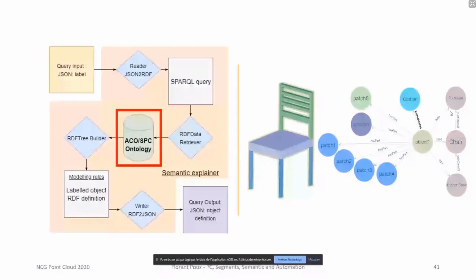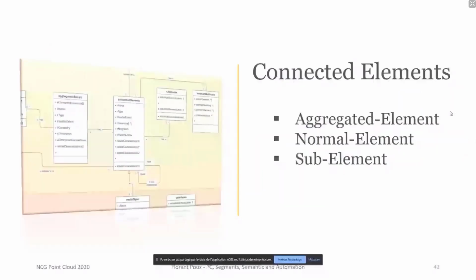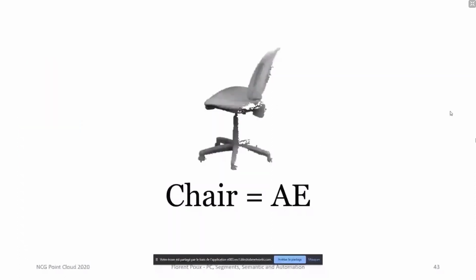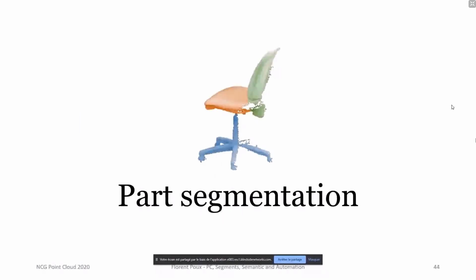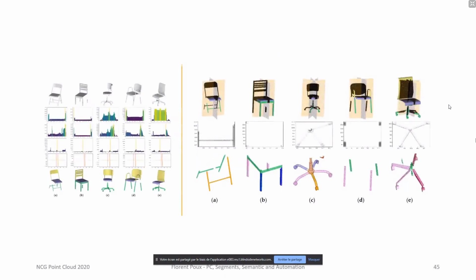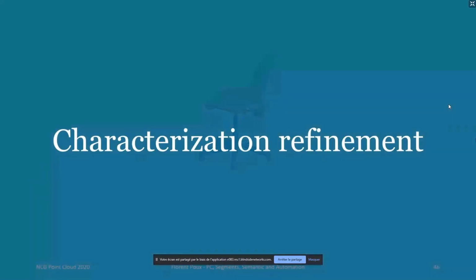So now this chair goes, if you remember, from the aggregated element concept to all the sub-elements, right? So it's an aggregated element, and now we can go through a part segmentation framework to extract all the underlying elements following this ontology. And then with other features like symmetrical features and so on, you get the characterization refinement.